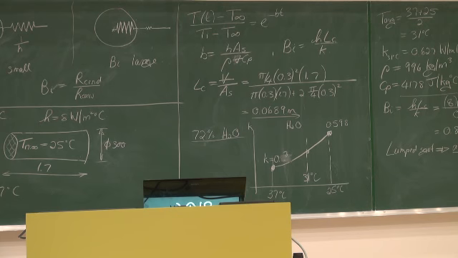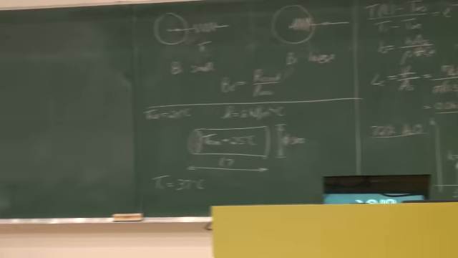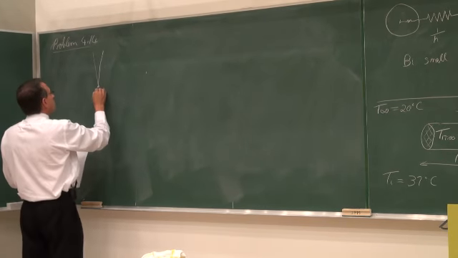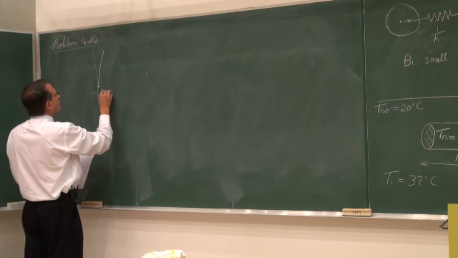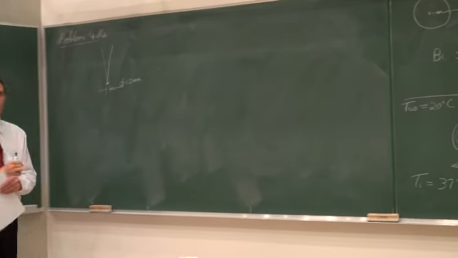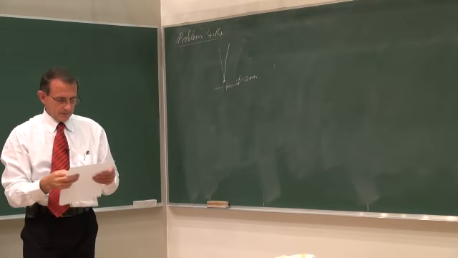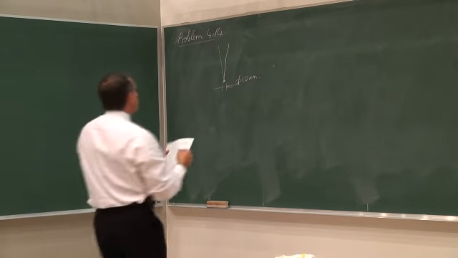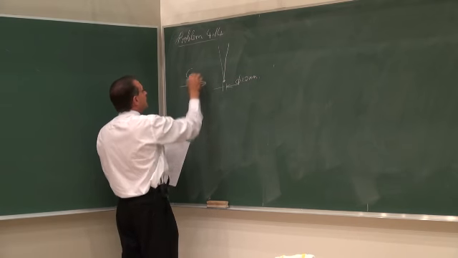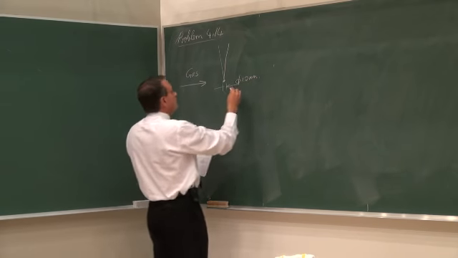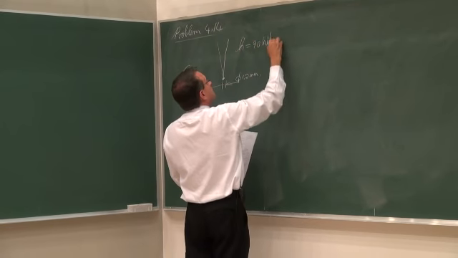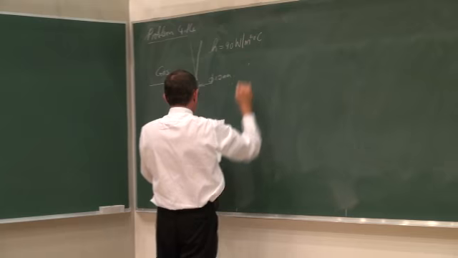So the thermocouple, 2 wires, and now we've got this point of the thermocouple whose diameter is 1.2 millimeters. And it is in a gas stream. The heat transfer coefficient is given as 90 watts per square meter degree Celsius.